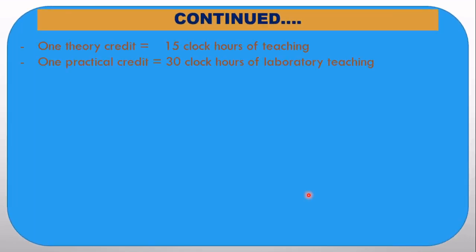Now, one theory credit is equal to 15 clock hours of teaching. Means 1 credit will be calculated on the basis of 15 clock hours of theoretical teaching. Then 1 practical credit is equal to 30 clock hours of laboratory teaching. So if any teacher teaches 30 clock hours in practical, then it is known as 1 practical credit.